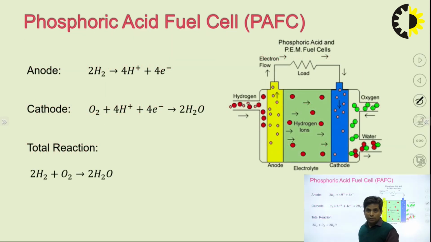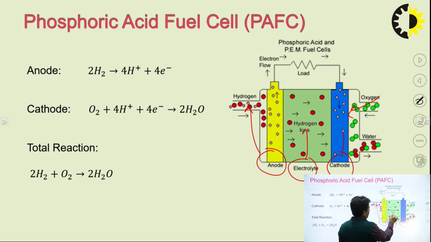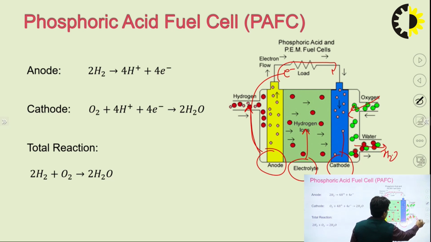So now the circuit, again what will happen at the anode side? We take in the hydrogen, and at the cathode side, the oxygen, and here the electrolyte carries the hydrogen ions which are generated. So these equations again can be generated, with the electrons creating electricity as well as water as the output.